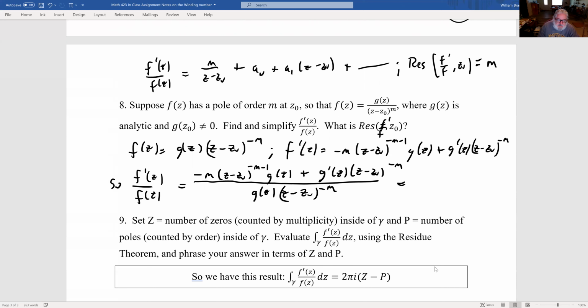We do our calculations. We end up with minus m over z minus z naught, because when I look at this term, the g's cancel out. I have minus m, the z minus z naught to the minus m cancels out, which means I have a z minus z naught to the minus 1, which puts it down to the denominator, and then plus g prime over g.